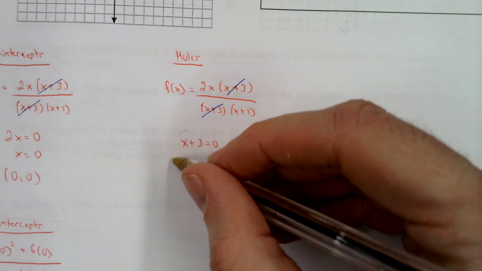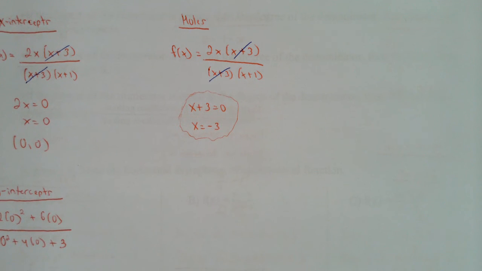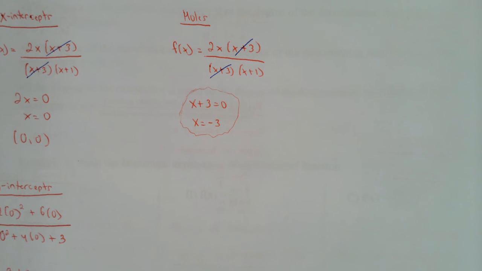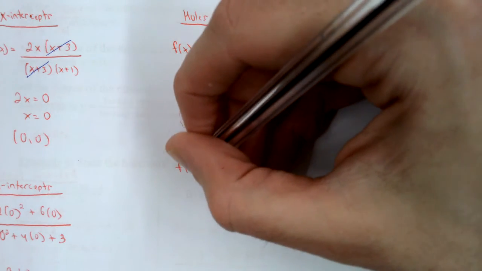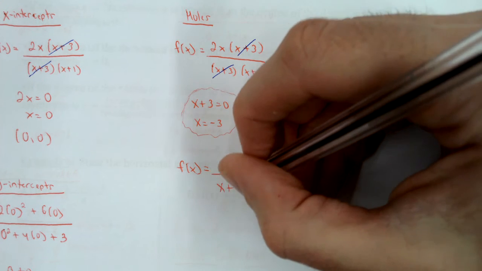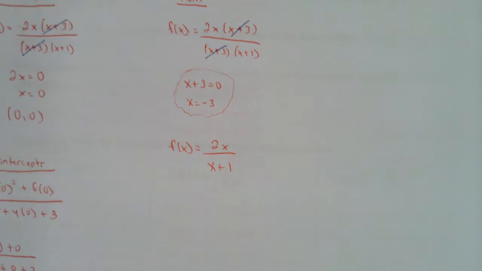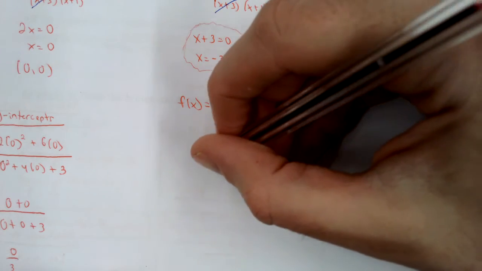I'll put this in a little bubble to help us see it better. And then what I do is I take that negative 3 and I substitute it into my new function. So my new function is f of x equals 2x over x plus 1. And I replace the x with negative 3. So here's what I have: 2 times negative 3.